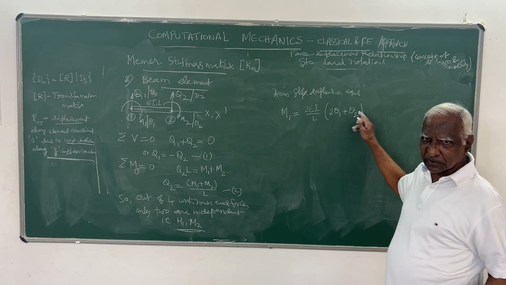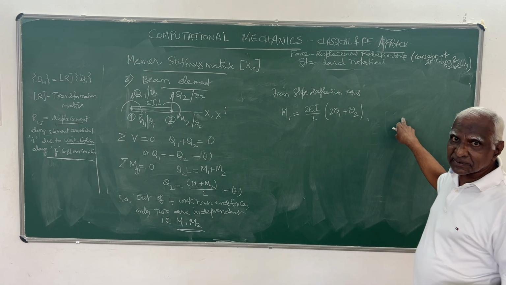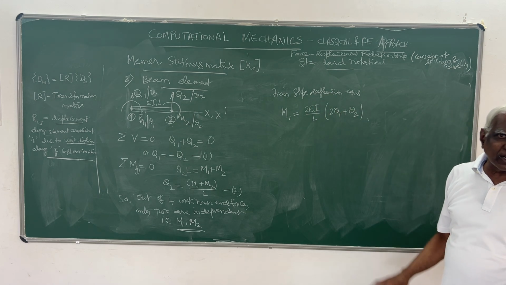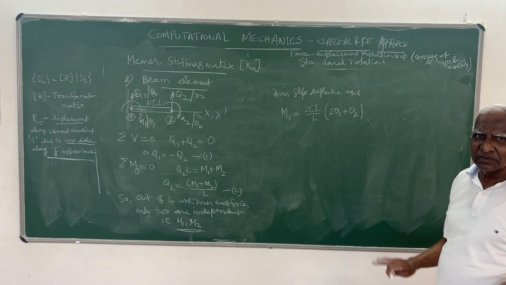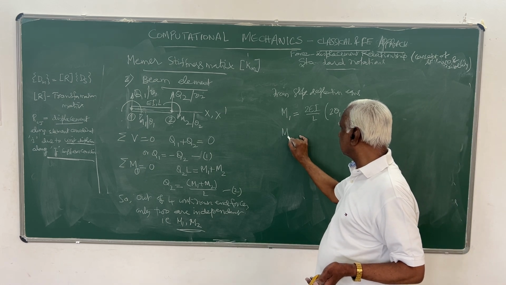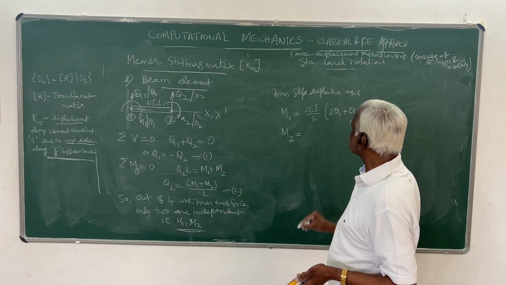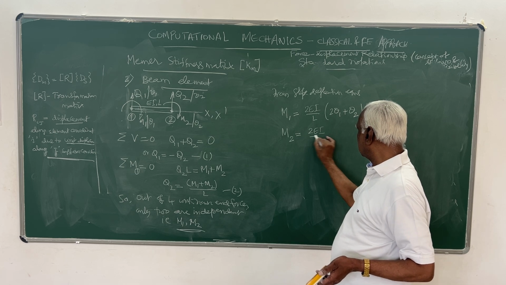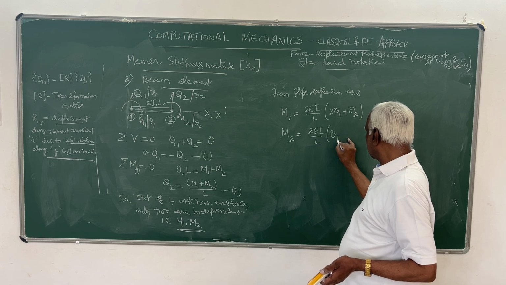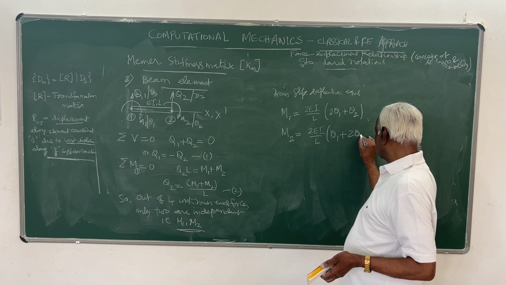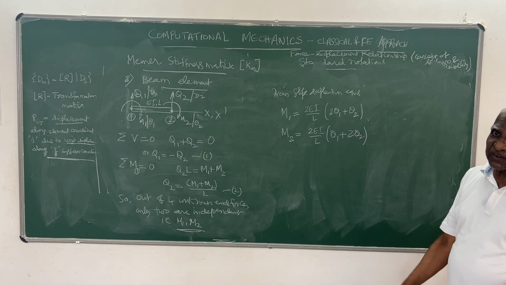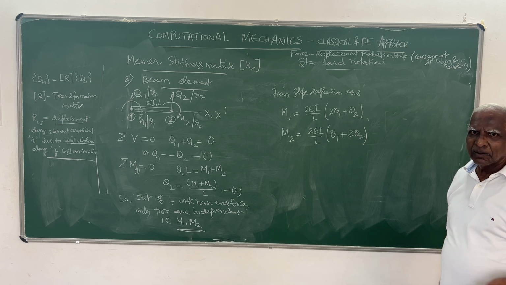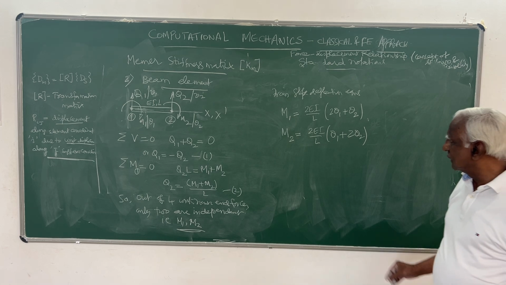That's why I am not bothered about that sway. And fixed end moment, there is no member load I am considering, that also I will not consider, only this. And M2 is given by 2EI by L, this will be theta 1 plus 2 theta 2. That you know, slope deflection equation, relationship from basic structural analysis.